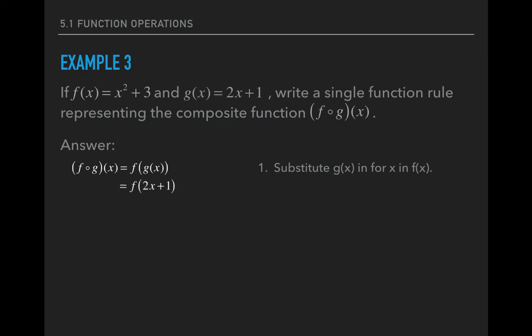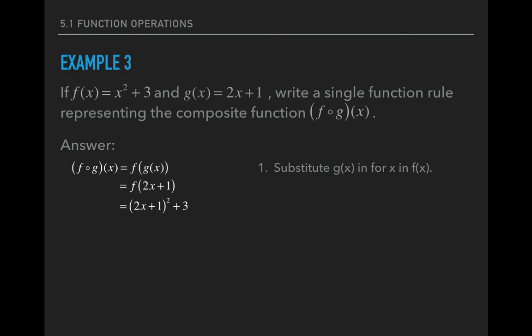So that looks like f, and then for that input, our input is our g function, which is 2x plus 1. So in the x position, in the input of your f function, you have to plug in that binomial. So that would be, instead of x squared, we plug in the g function, which is 2x plus 1 squared, and then add 3.